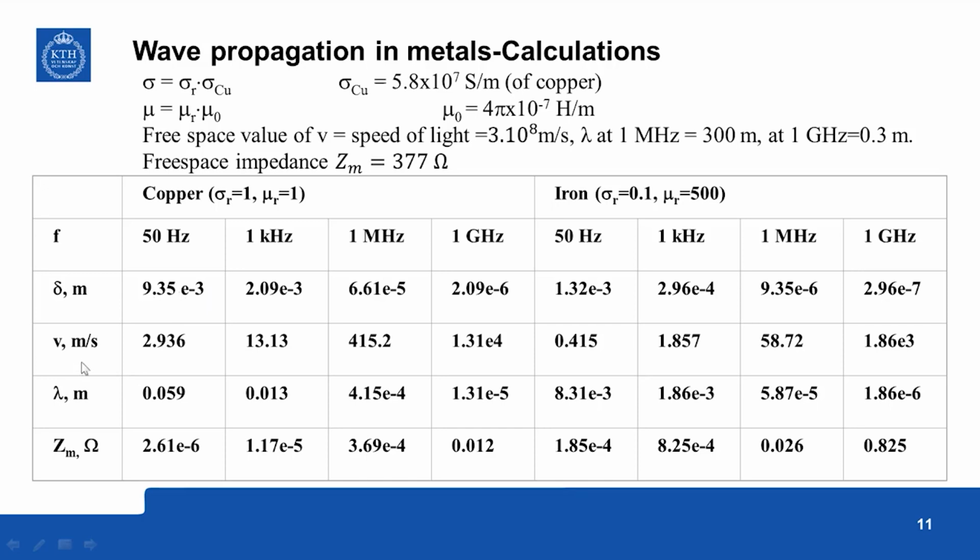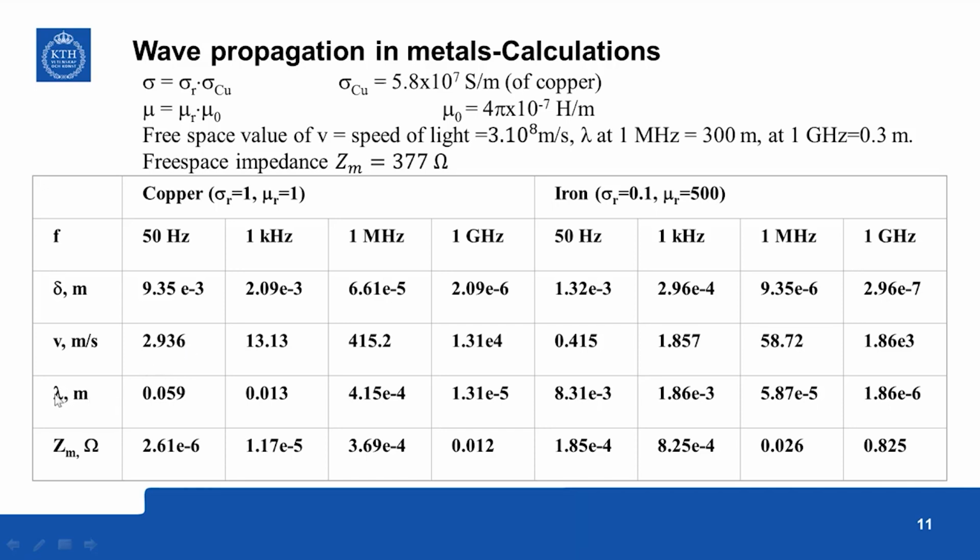So that is meant by skin depth, and it is traveling at a velocity of 2.936 meters per second. So you see how different the velocity of the wave is in metal. In free space it is 3 into 10 to the power of 8 meters per second. That is 300 million meters per second. And here it is just 2.936 meters per second. Extremely slow.